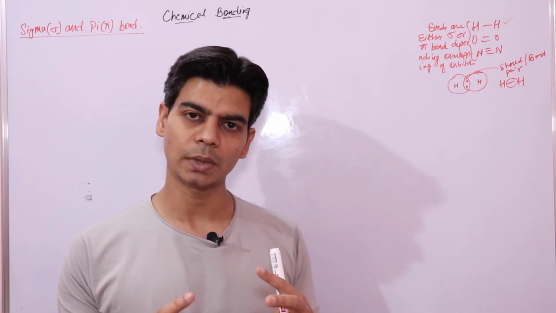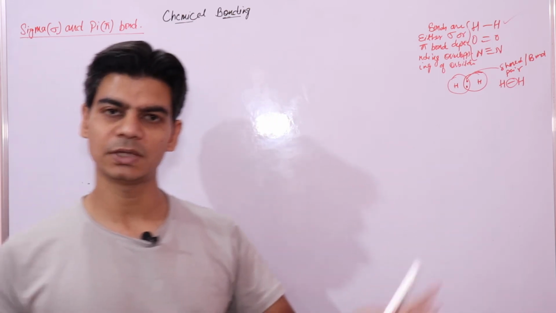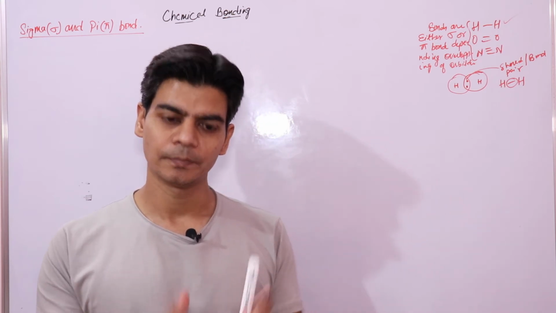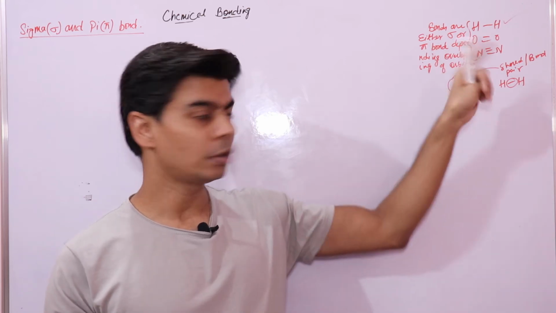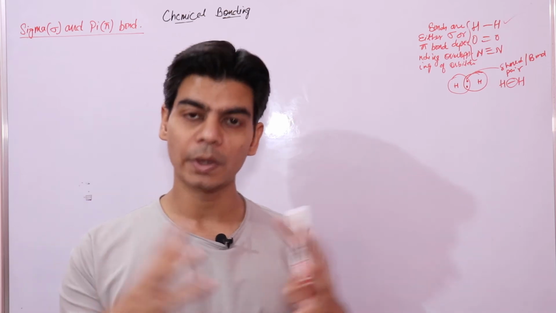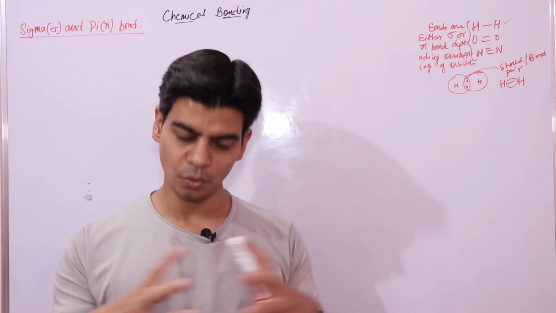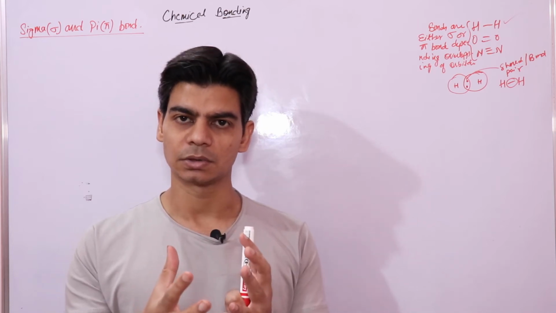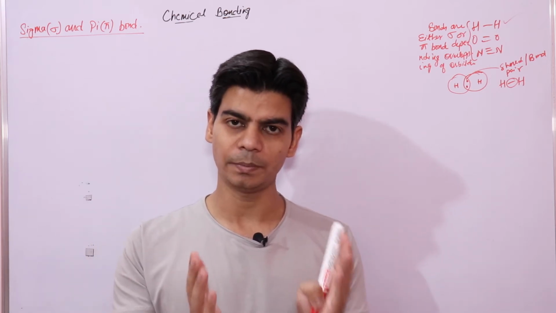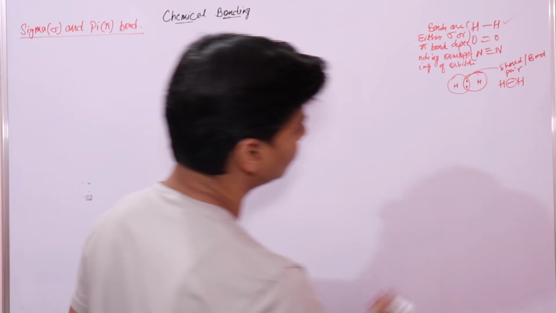At a particular distance, as discussed in the previous lecture, when the attractive forces balance the repulsive forces, the orbitals on these two hydrogen atoms interpenetrate or overlap to form the hydrogen molecule. When they overlap, they share their electrons, and that electron pair now belongs to both the hydrogen atoms. This is how things happen if you look into the deeper picture.